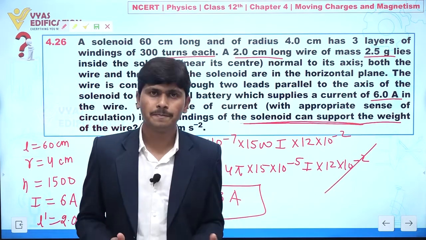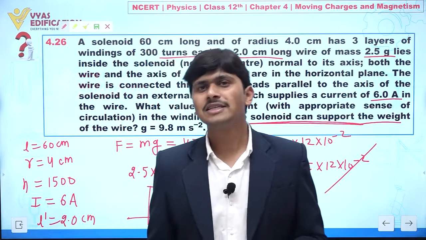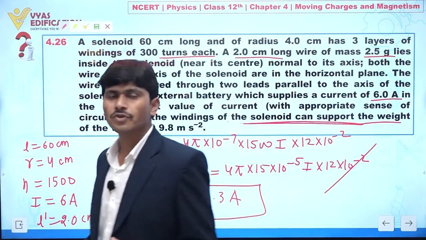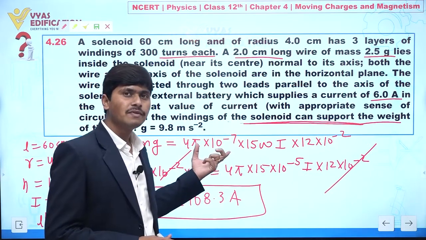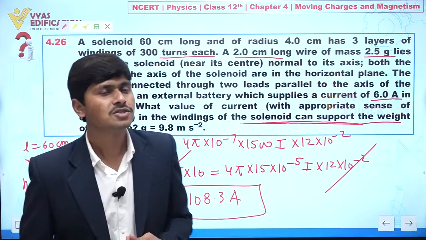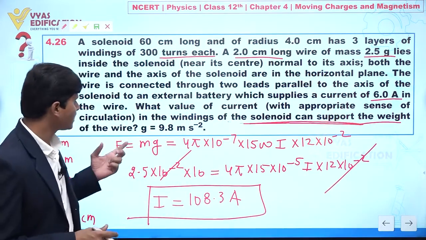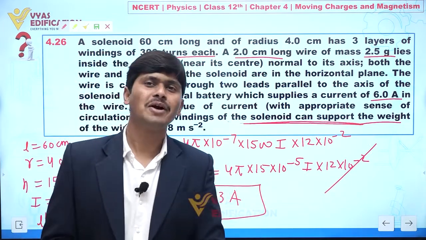That force is balanced by the weight of that rod, so it is equal to mg. For BIL, we calculate the magnetic field using the solenoid formula. So we calculate the value of B from that side, and we can finally get the value of I. This is all about this question.